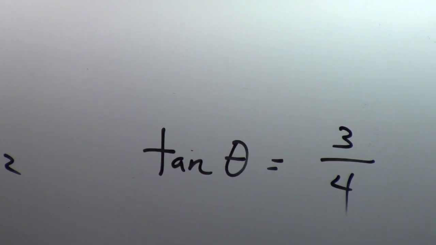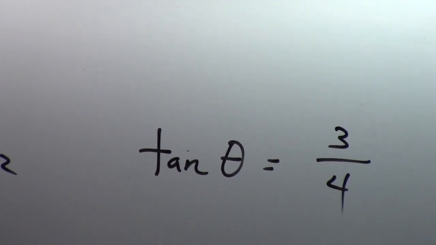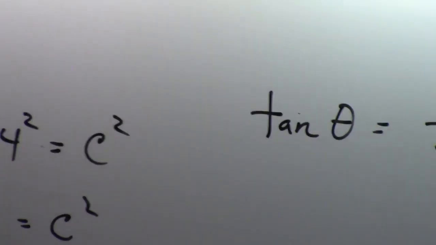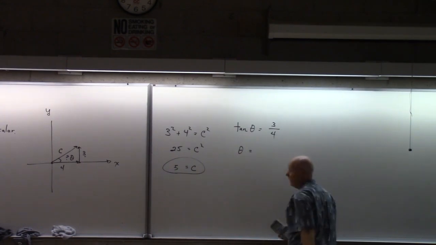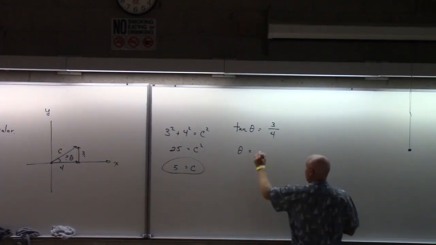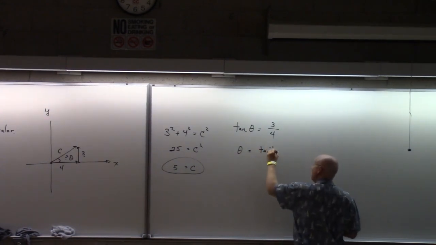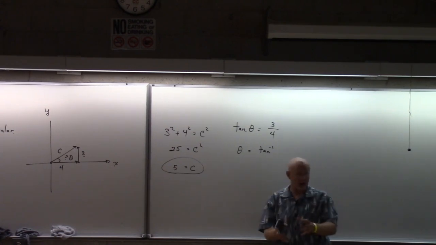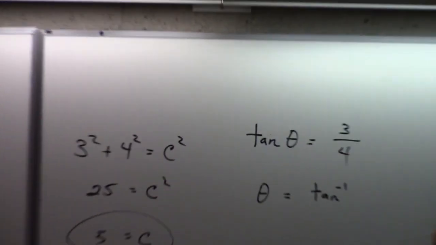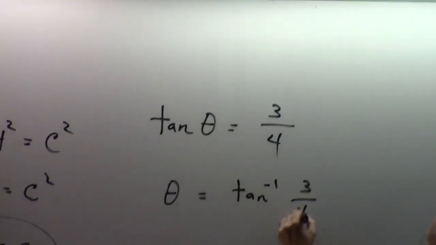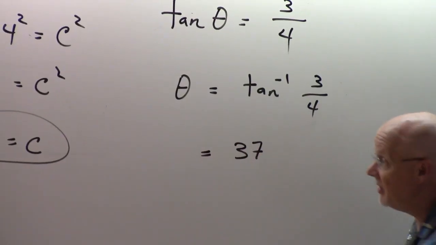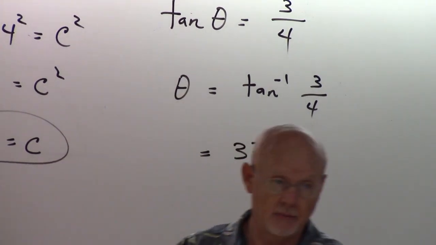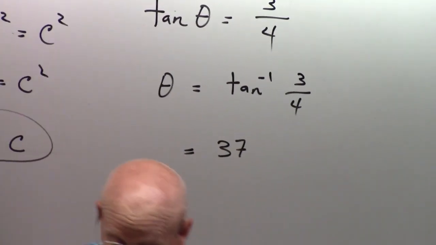The adjacent is 4. Getting my calculator, I can then say, what is the angle? Using my calculator, I will do what's called the arc tangent of 3/4, which should be the famous 37, because this is the famous 3, 4, 5 right triangle.